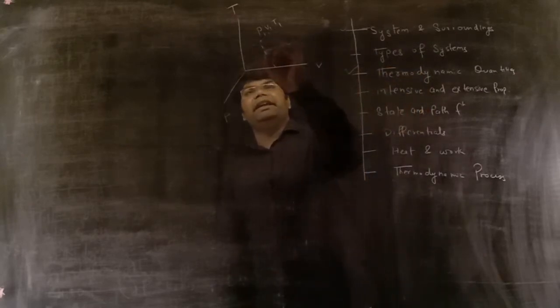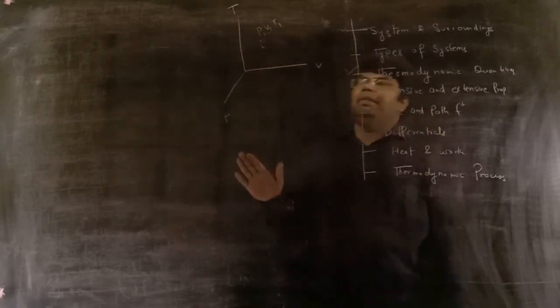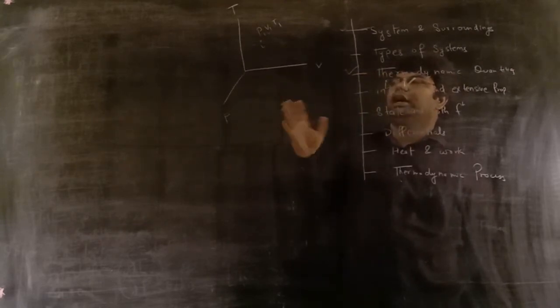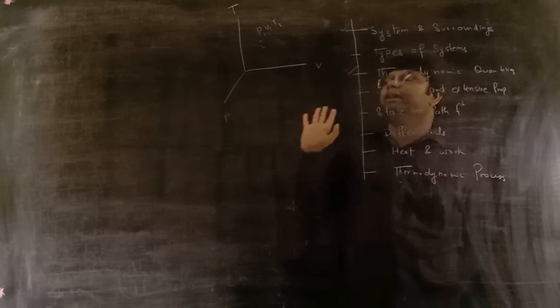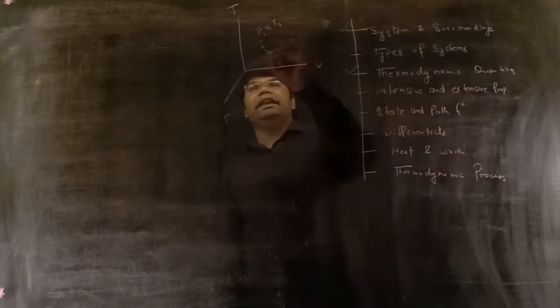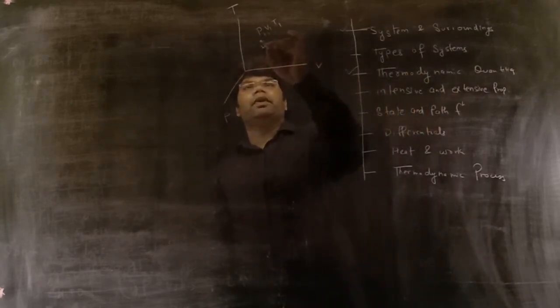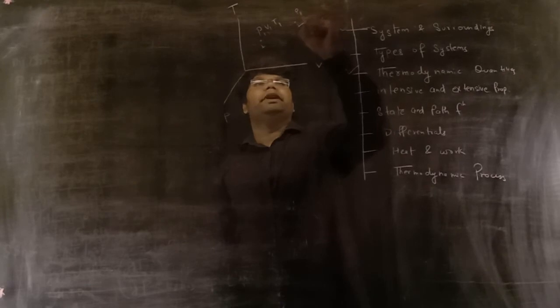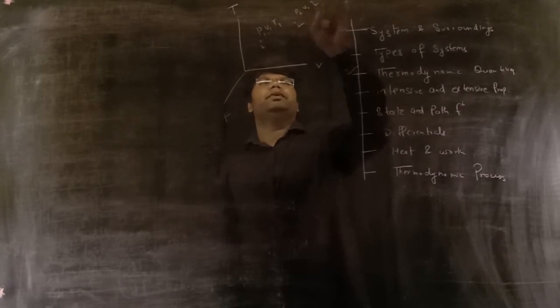Now I am writing here it 1. If I apply some sort of heat or do some work on the system, then it will go to some other state, say 2, P2, V2, T2.